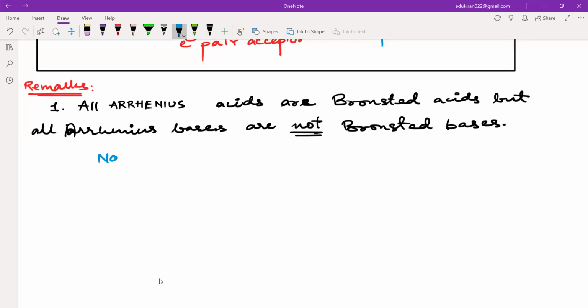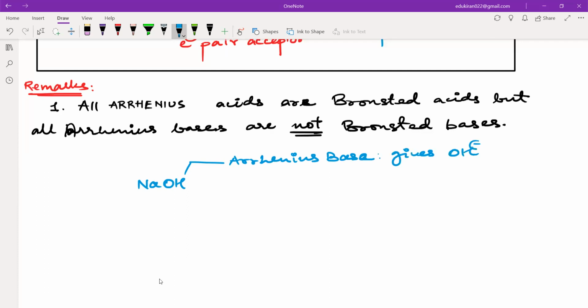That is NaOH. For any OH, I can say that it is an Arrhenius base because it will give OH negative.